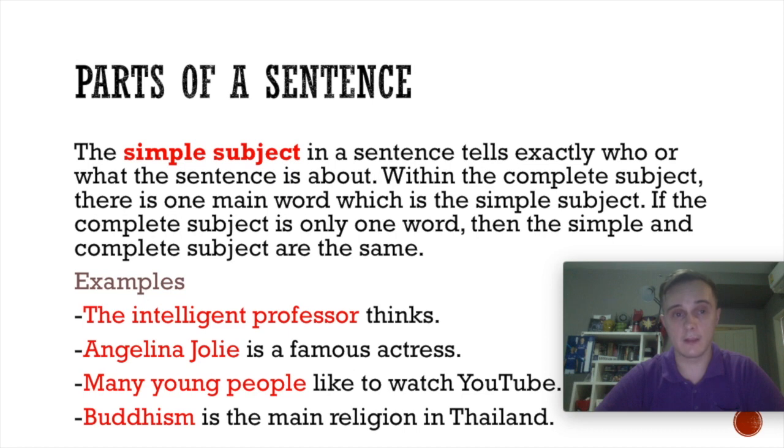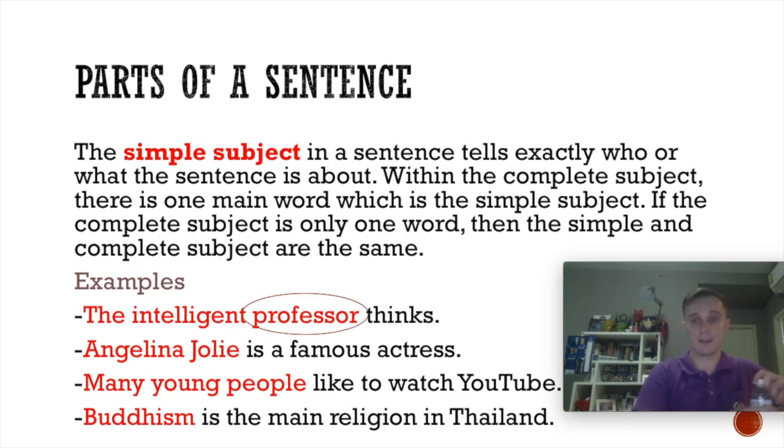Now we know that the complete subject is the intelligent professor. But what is the most important part of that subject? Who or what are we learning about, are we reading about? The professor. So professor is the person, the intelligence describes the professor, but professor is the most important part of that subject. So professor is the simple subject.